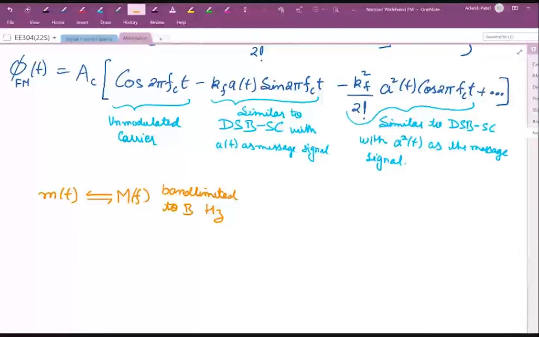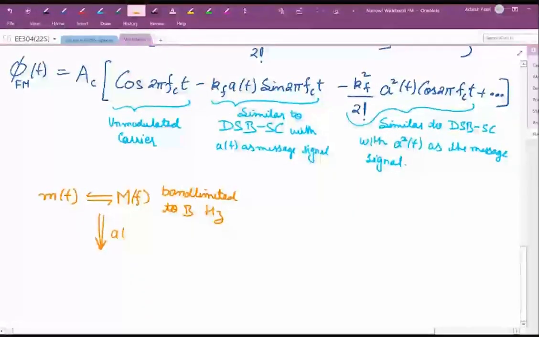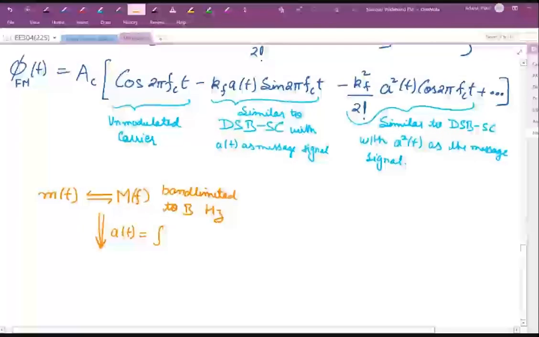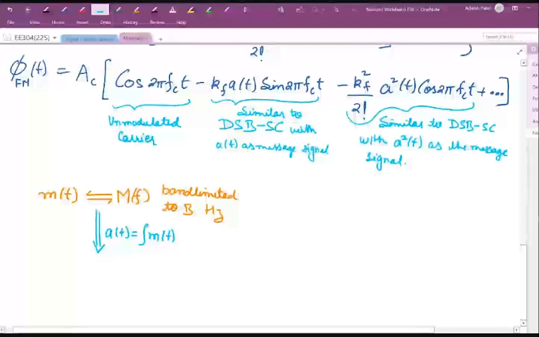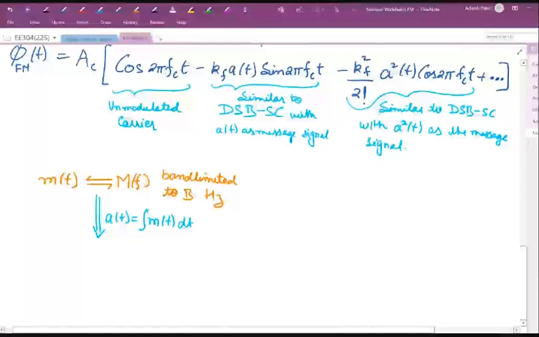If that is the case, then a(t) is nothing but the integral of m(t) dt.